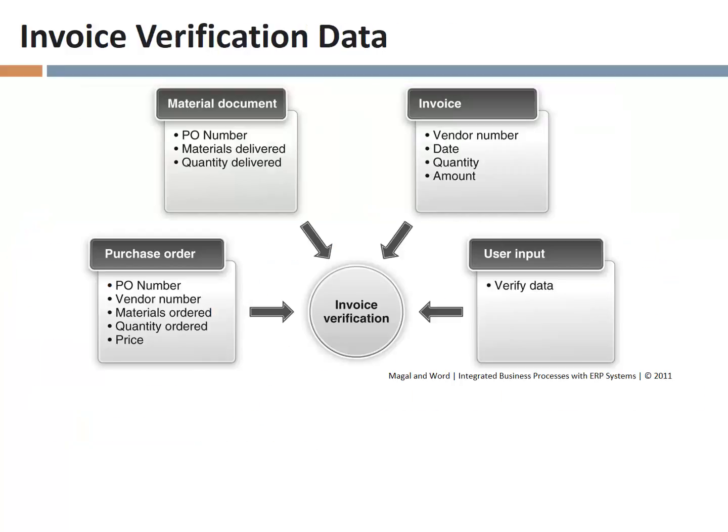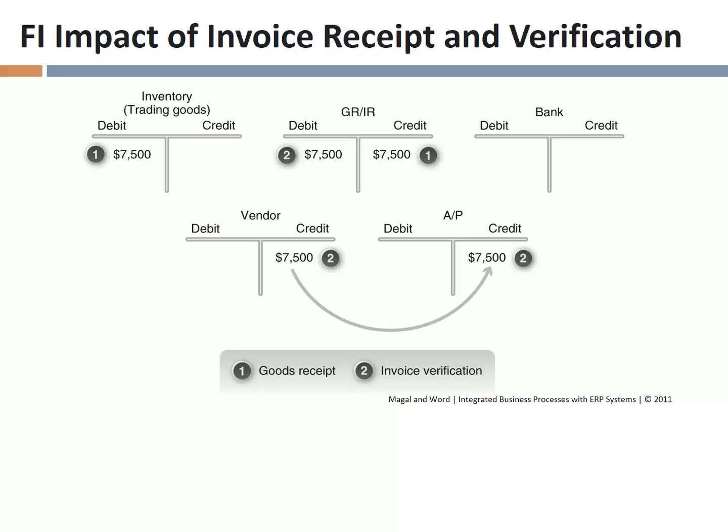This slide right here pretty much just captures what we talked about a moment ago when I asked you what we're going to be looking at in terms of things coming off of these different documents. So we had 1 accounting posting at goods receipt. Here's our 2nd accounting posting, invoice receipt.